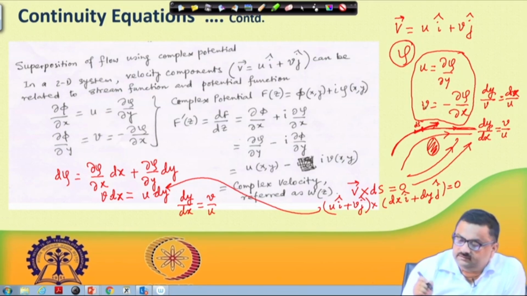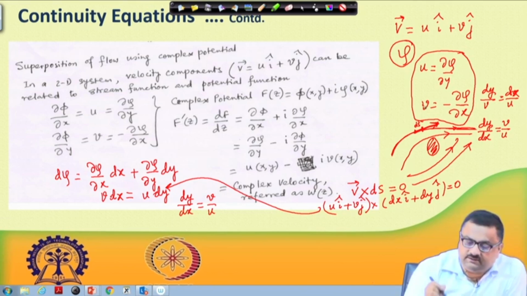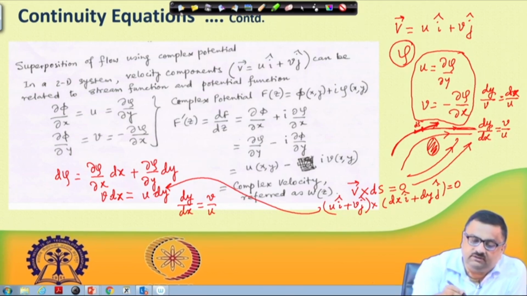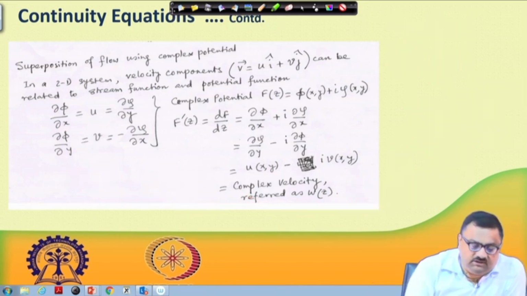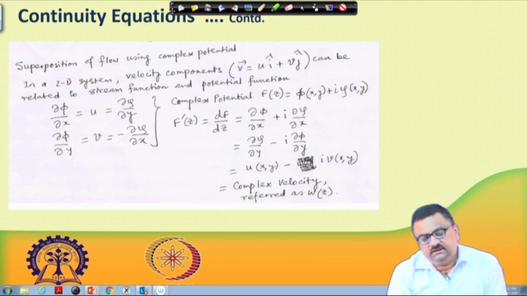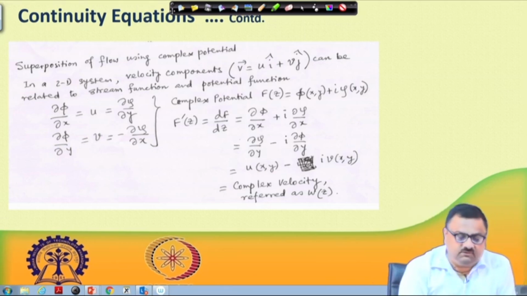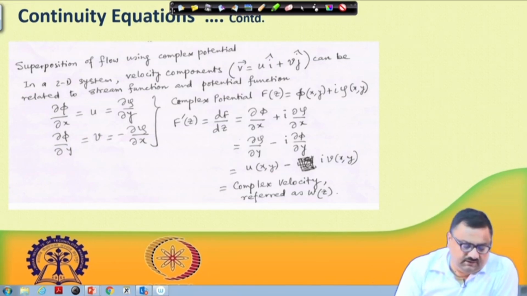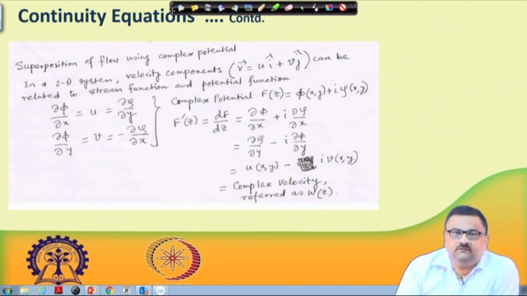Now, let us close this discussion on stream function, and instead we get to the potential function. Generally, the genesis of this potential function is that for the flow to take place, one needs a gradient in some form.